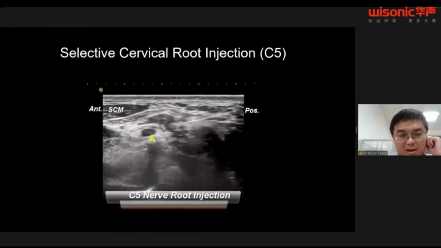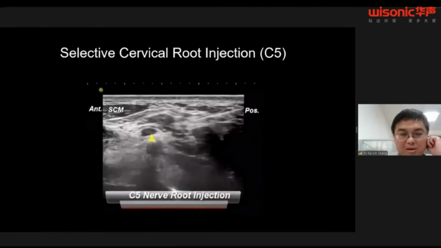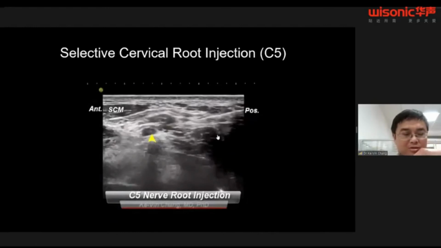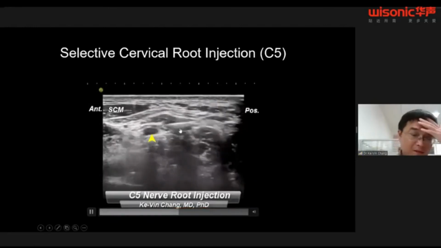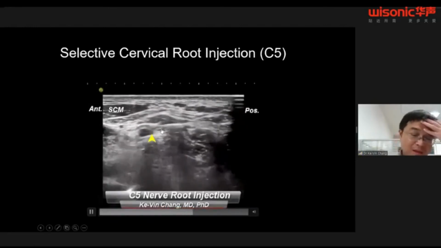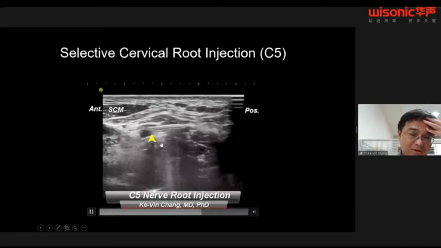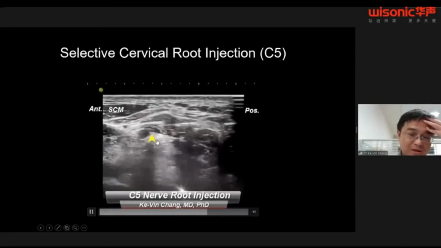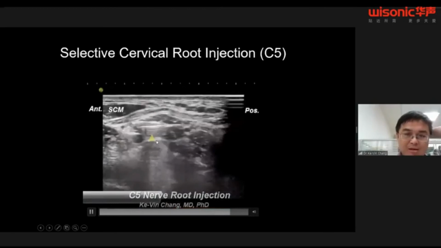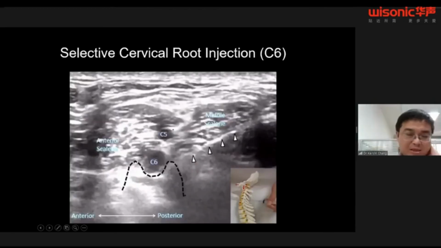This is the C5. So usually we know the C5 is going to emerge from the part posterior to the anterior scalenus muscle. But in some variants, you can find in this case, the nerve root is anterior to the anterior scalenus muscle.